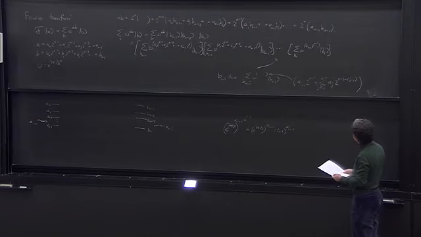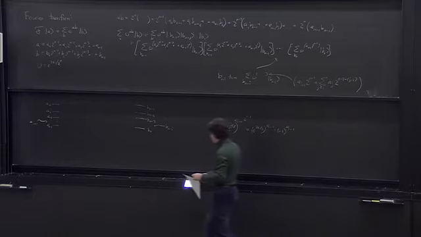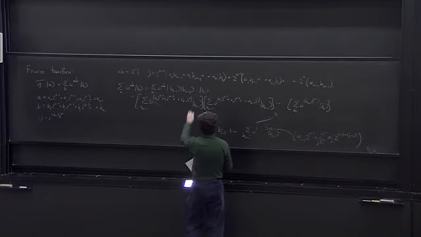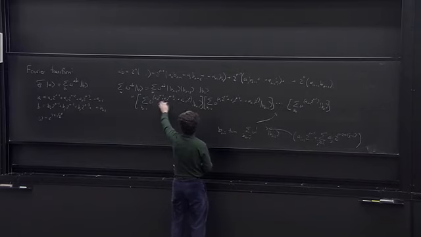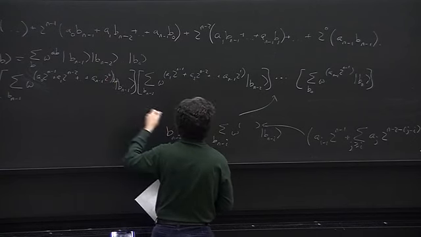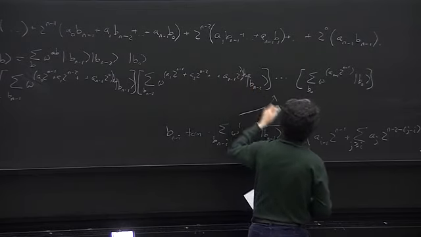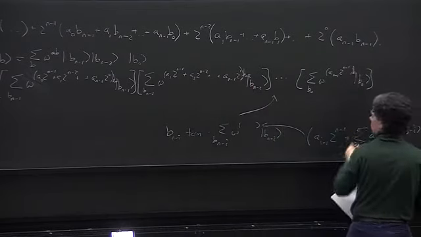Sorry, I think I missed something. When I was expanding this, this is supposed to be a times b, so I just had the a terms here. I'm supposed to have also a b n minus 1 here in the exponent, and a b n minus 2 here, and a b 0 here.